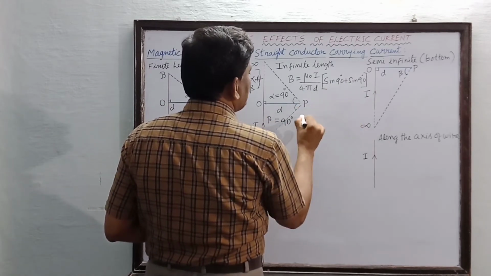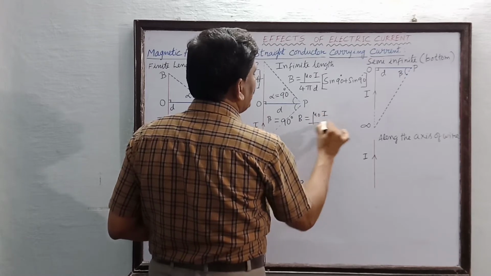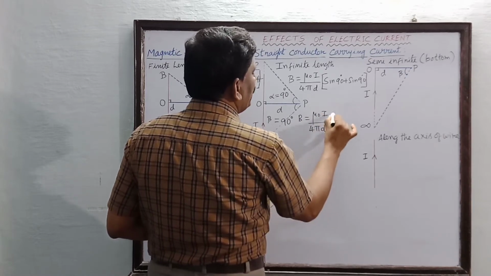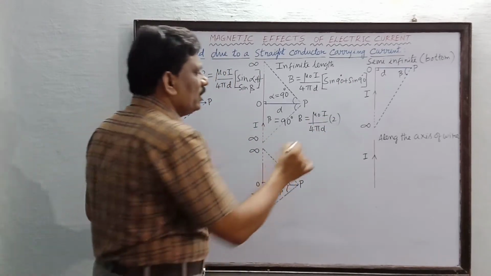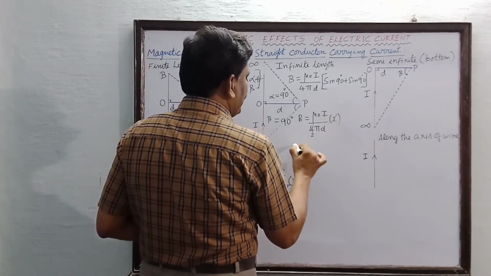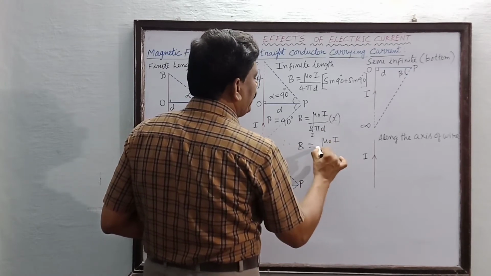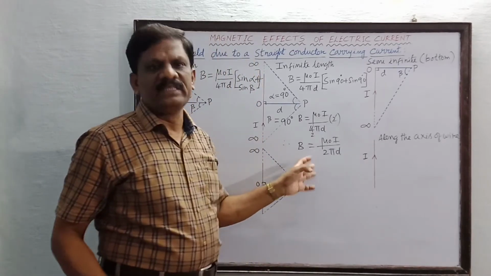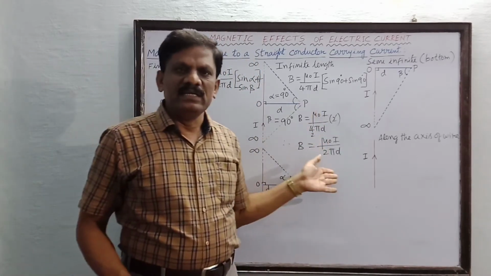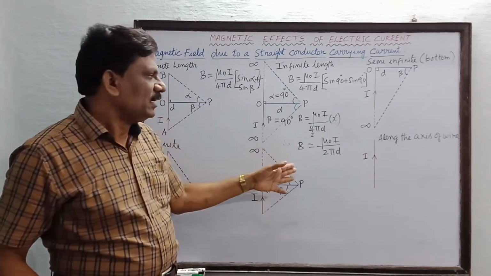So this is equal to mu naught I divided by 4 pi D into 2. Cancelling, I can write B is equal to mu naught I divided by 2 pi D. This is the derivation you must have studied in class, given in the textbook. This is a special case.